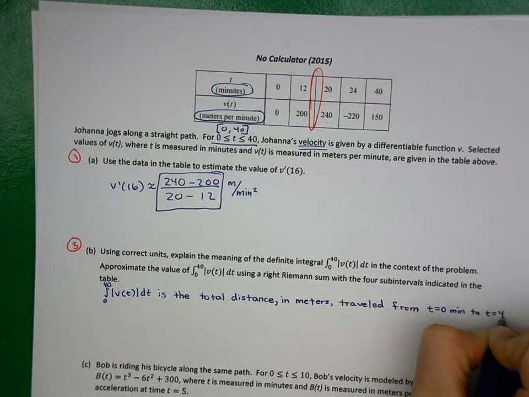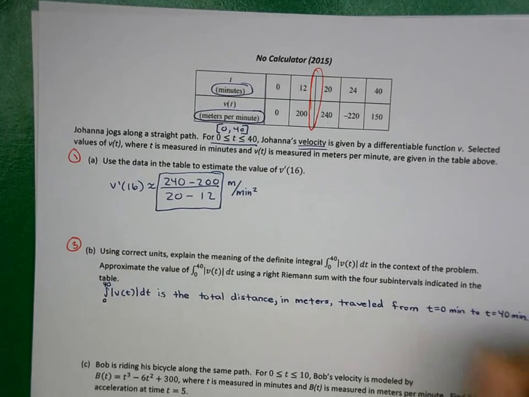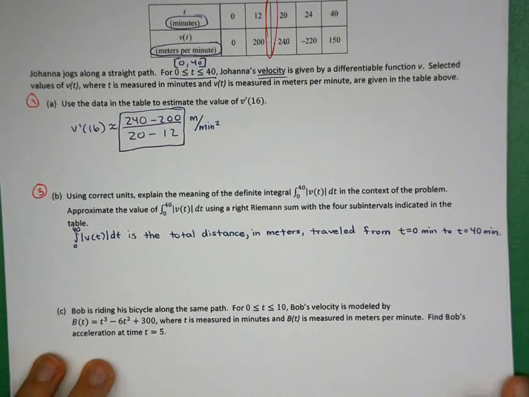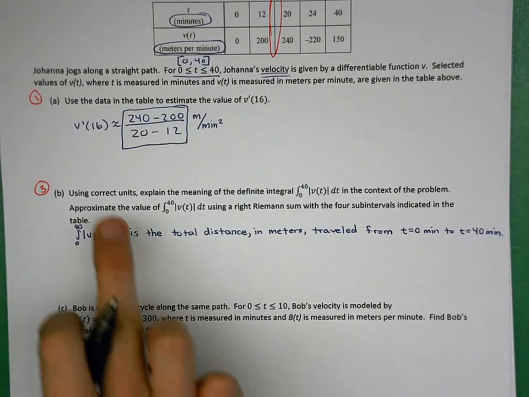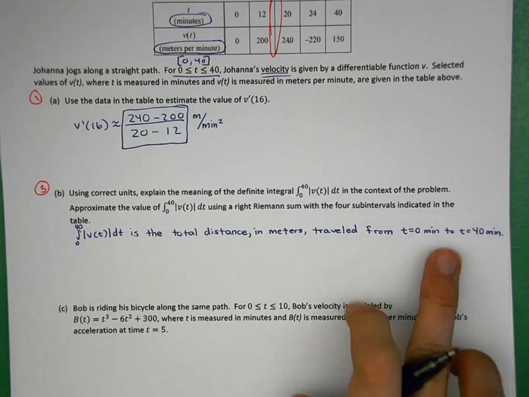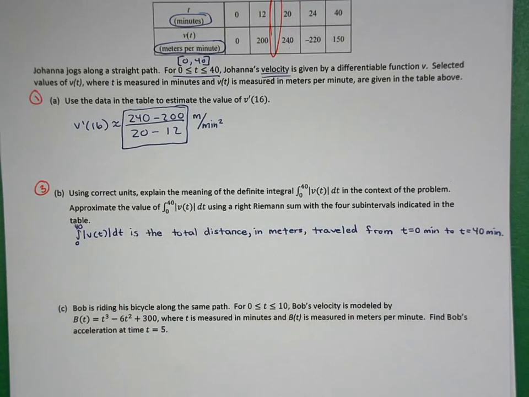And again, this is not the only possible explanation that you could write, but you do need to have correct units in there, meters and minutes, and then it does need to somehow reference total distance there. Okay? If there's questions on that, again, let me know.